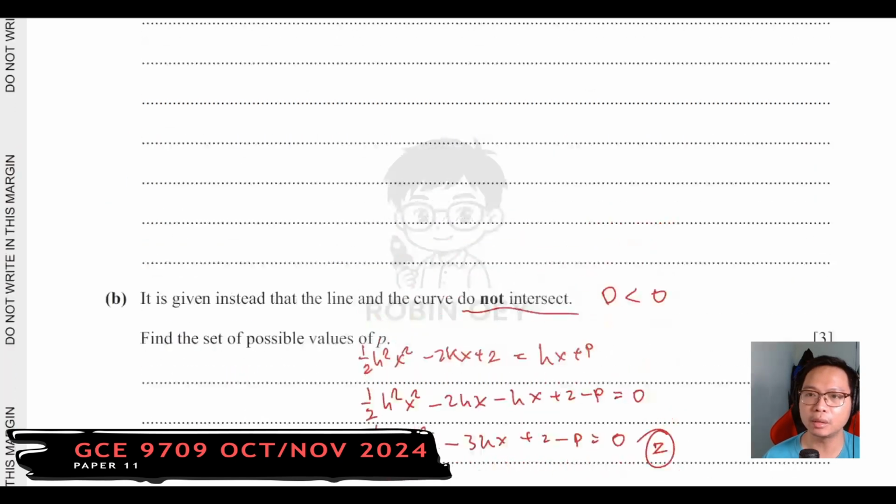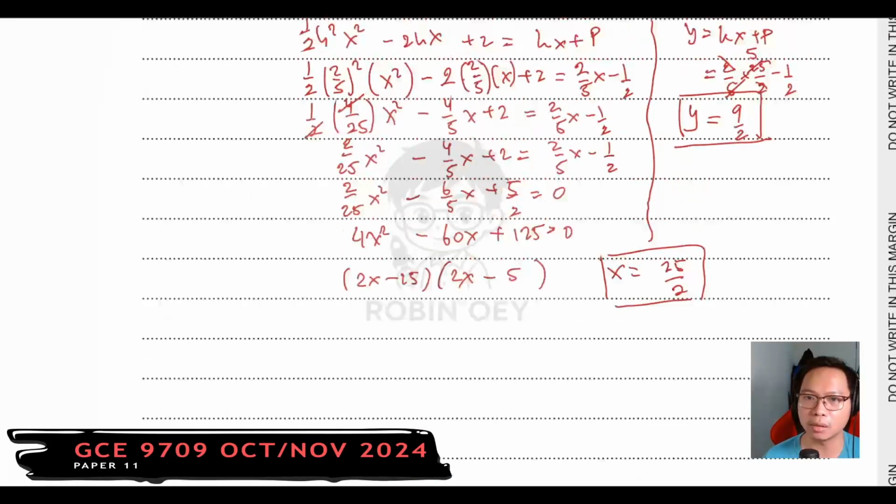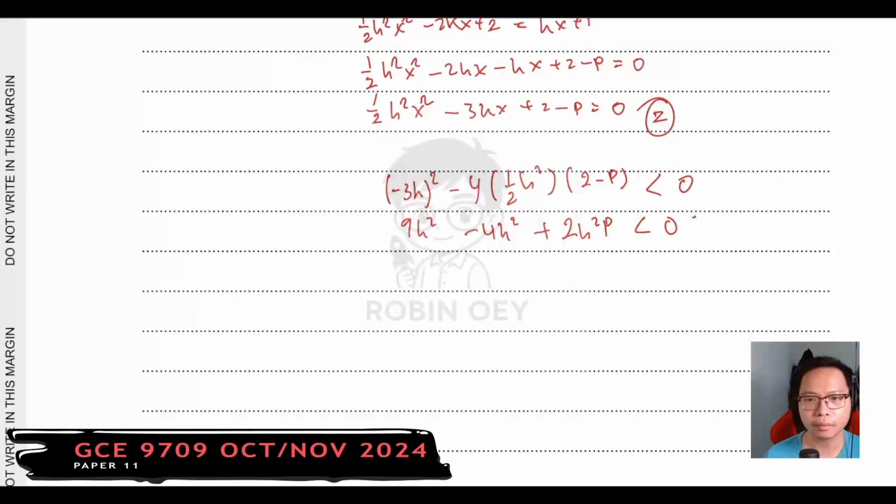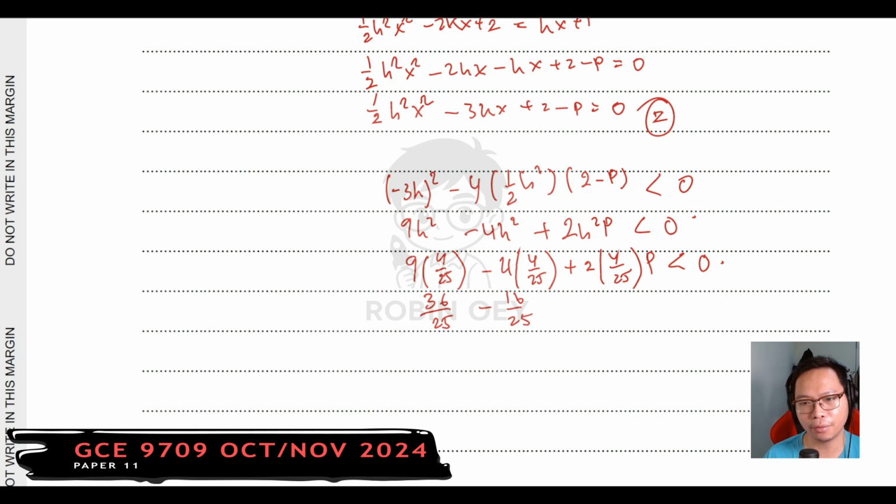Okay, so we use the k. Yeah, the k is 2 over 5. So 9 times k squared would be 4 over 25, minus 4 times 4 over 25, plus 2 times 4 over 25 times p, less than 0. So here we have 36 over 25 minus 16 over 25 plus 8 over 25 p less than 0.